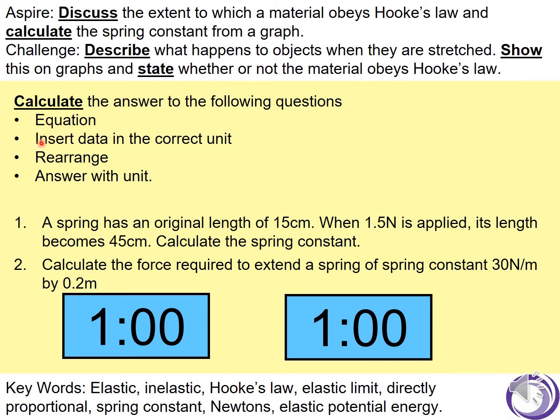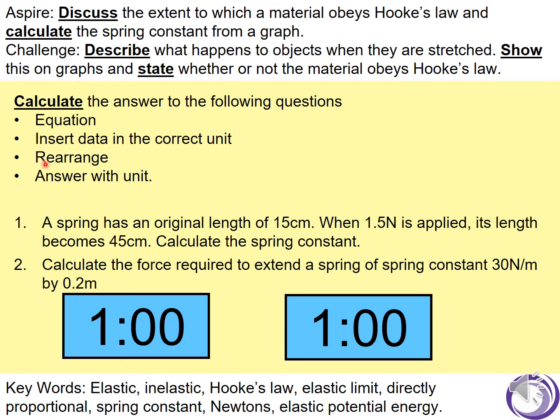Secondly, you then need to look through the question to check that the data is in the correct format in units. So for example, in question 1, I will tell you for absolutely nothing that the extension should be in meters, not in centimeters, and you will need to show your skills in converting that to the correct units to put into the equation.